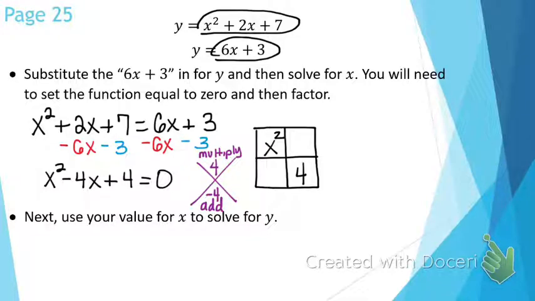They multiply to be 1 times 4, which is 4, and they add to be negative 4. Okay, you know the number?